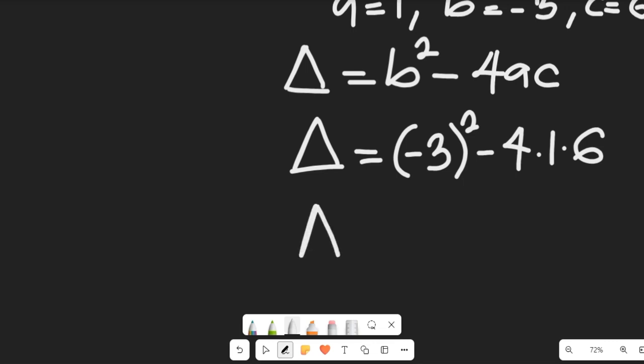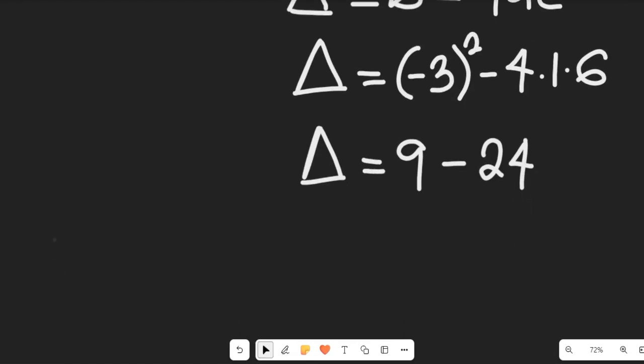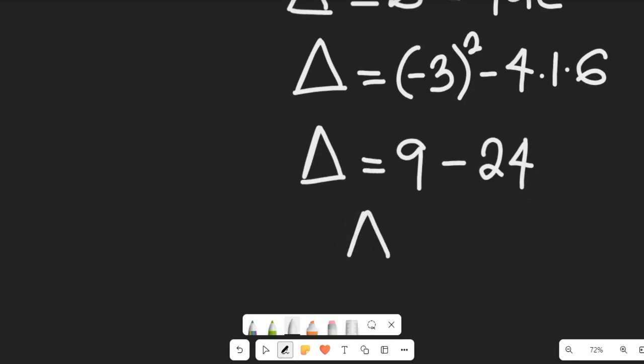Negative 3 squared is going to give us 9, because minus times minus will give us plus, and then minus 4 times 6 is going to give us minus 24. So the discriminant will be equal to 9 minus 24, which is going to give us negative 15. Voila! Negative 15 is less than 0.